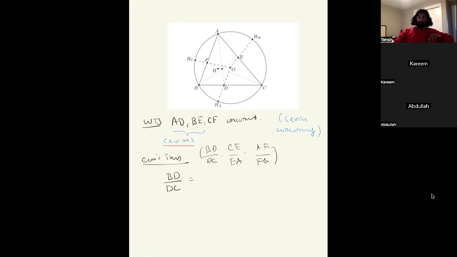Maybe I'll give some time to think about this, but you should know how to calculate ratios like this.